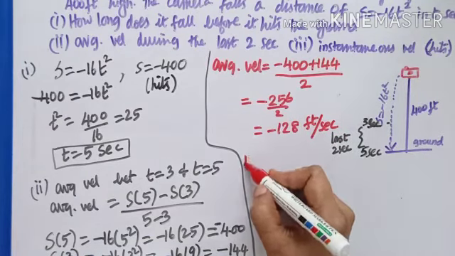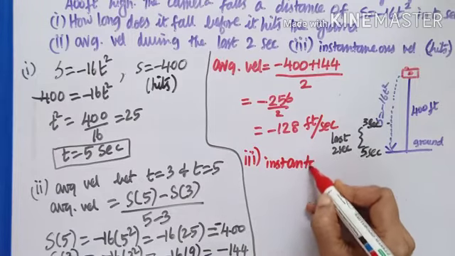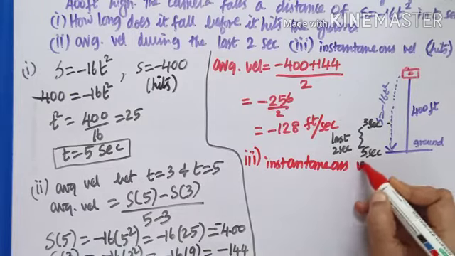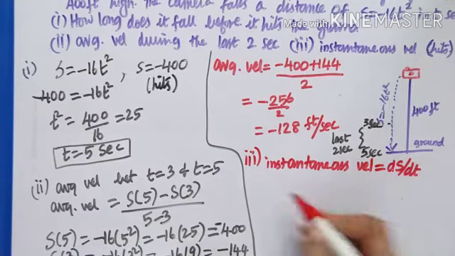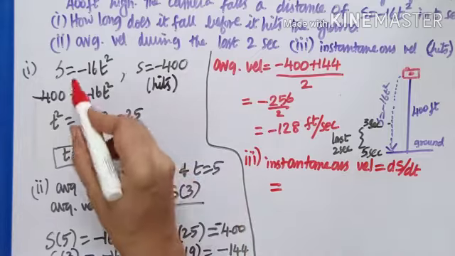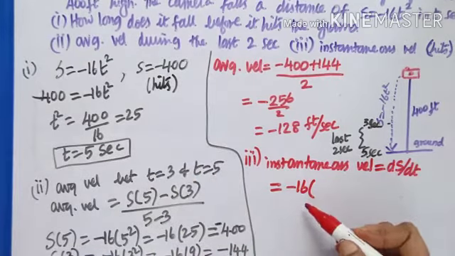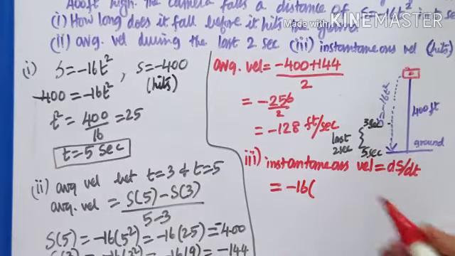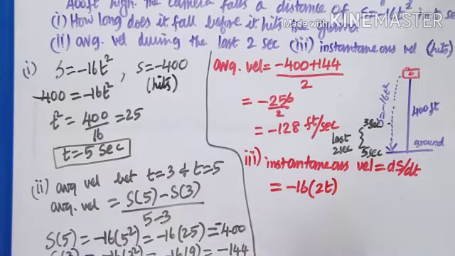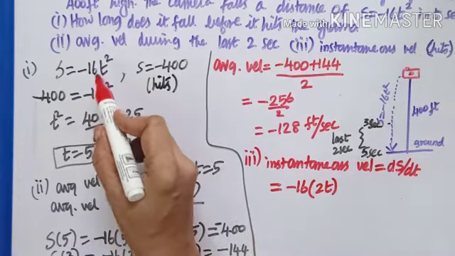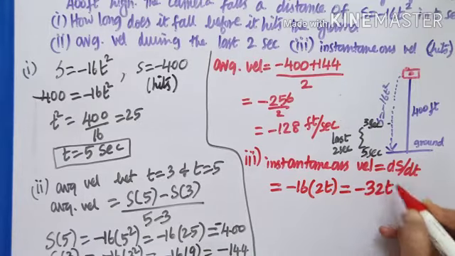The third question, I need to find instantaneous velocity. What is instantaneous velocity? It is ds by dt. That is s equals minus 16t square. Minus 16 as it is, t square when I differentiate is 2t. Remember, x square will become 2x. In the same way, t square will become 2t. That is minus 32t.